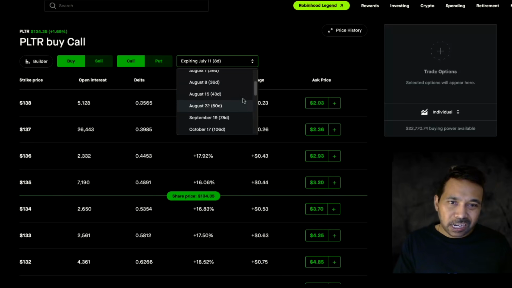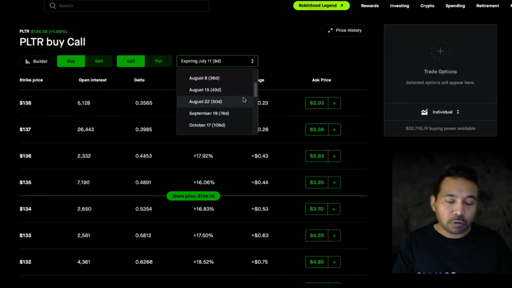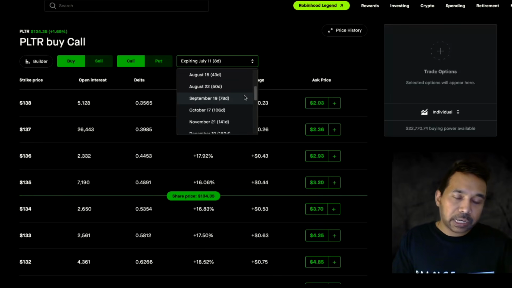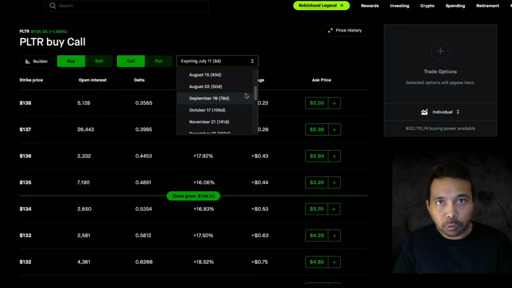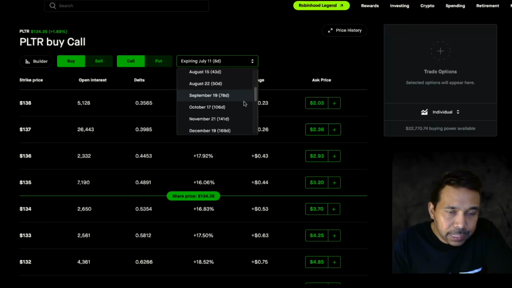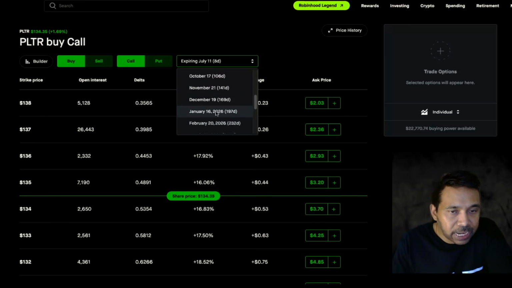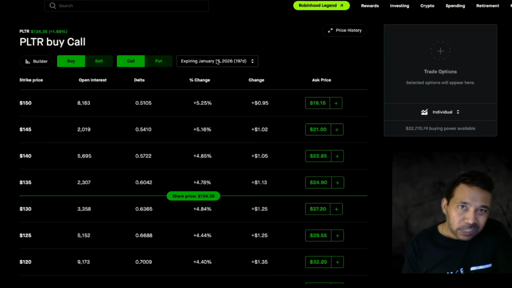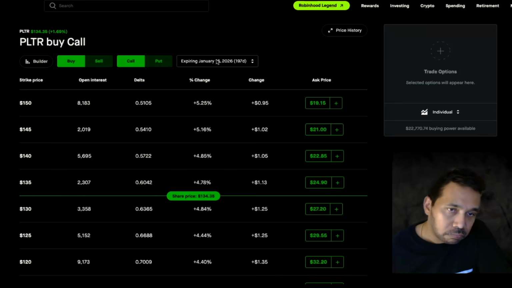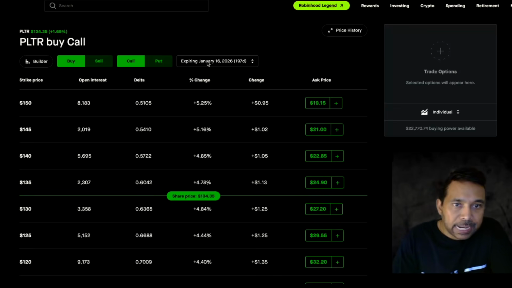You can definitely go a year out or more than a year. You can buy a leap for 2 years. The longer the expiration that you buy, it's gonna cost you a bit more, but it's a little more safer, right? So that's the idea. If you buy, let's say January, that's my sweet spot right now. We are almost 6 months away from that year end. So that's what you select here.